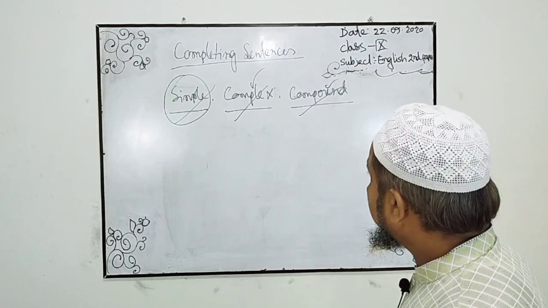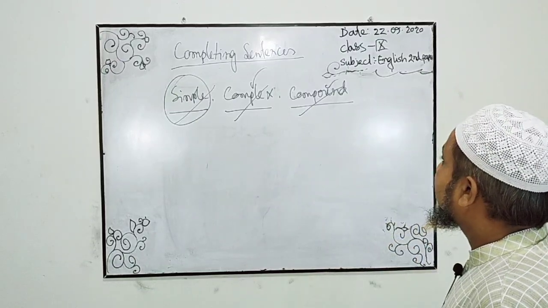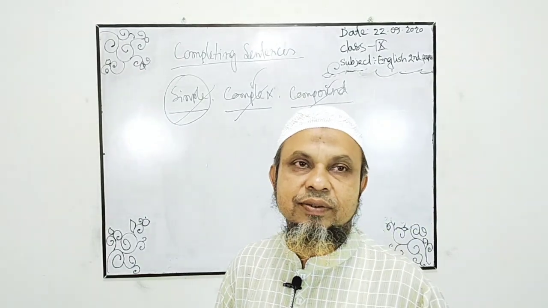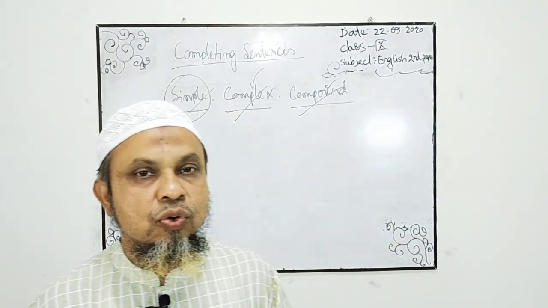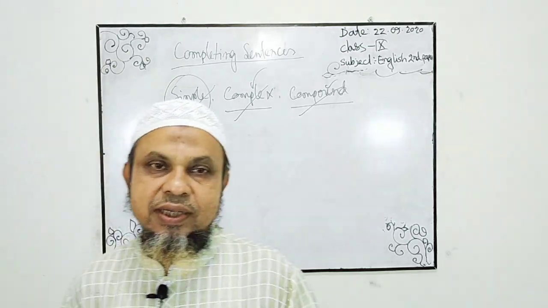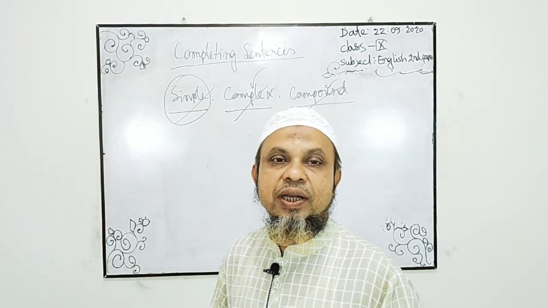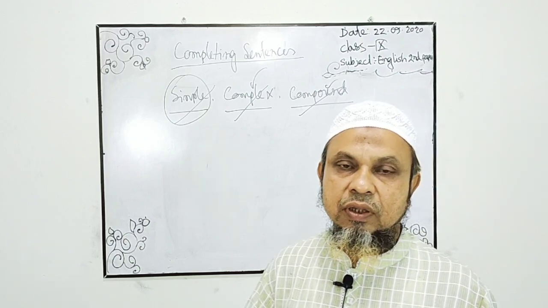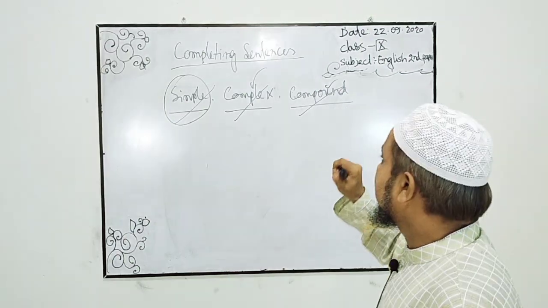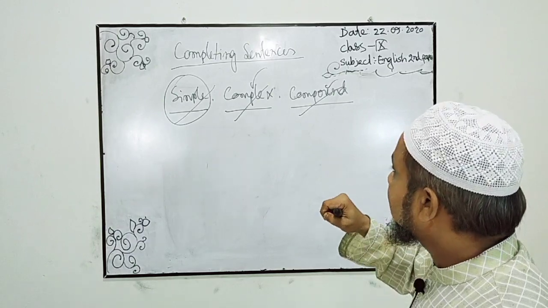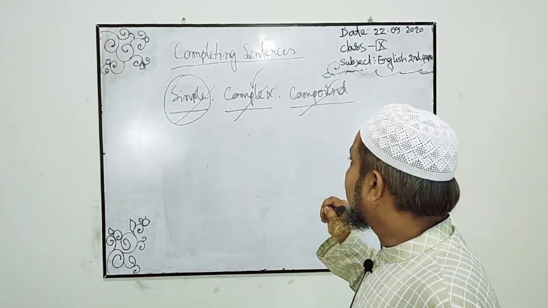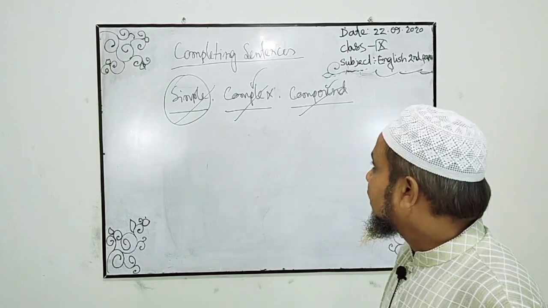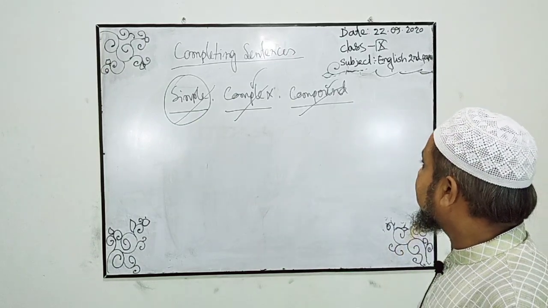But if a large sentence has two parts, that means two clauses, one subordinate and one principal, and the subordinate and principal clauses are joined with a conjunction, then it will be a complex sentence.